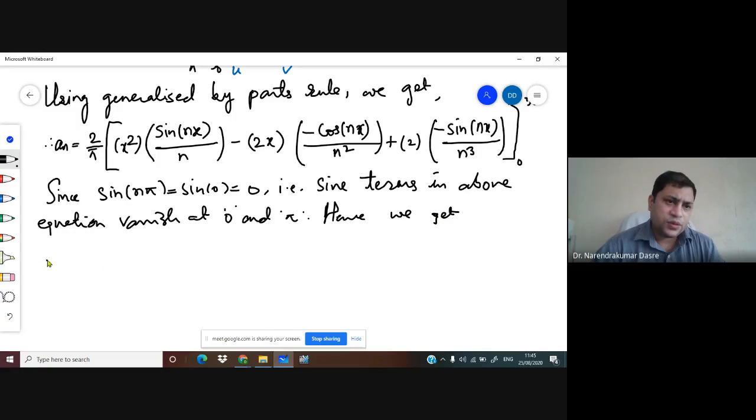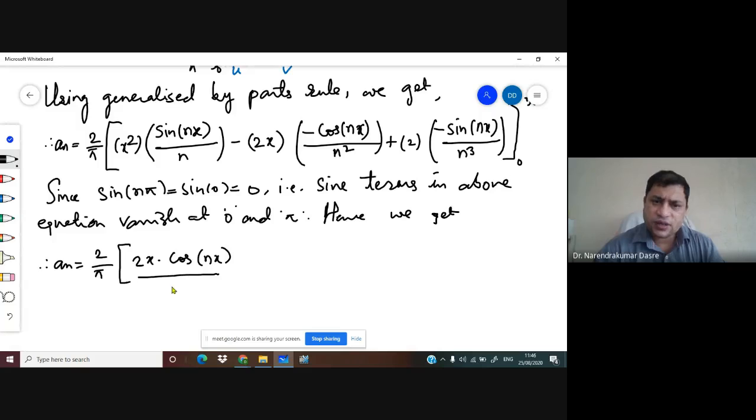So what do we get here? We have an is equal to 2 upon pi. This minus and this minus will become plus, so we'll be having 2x cos of nx upon n square, and this limit is 0 to pi.